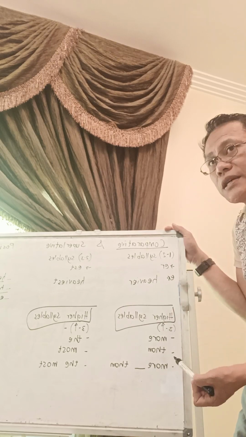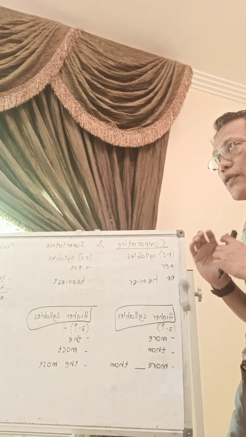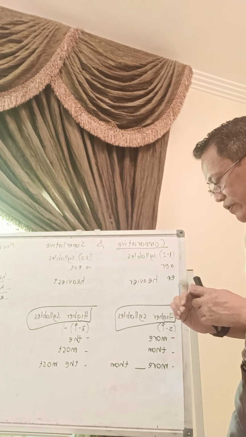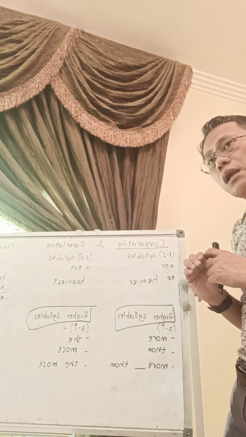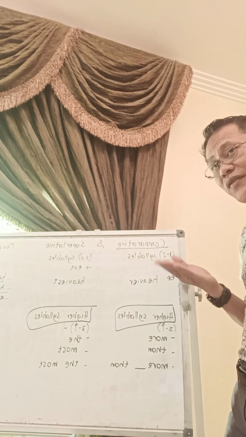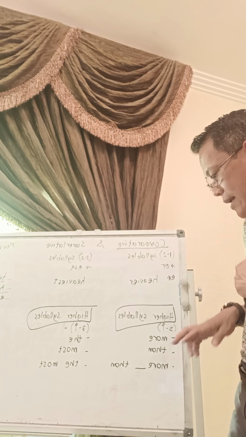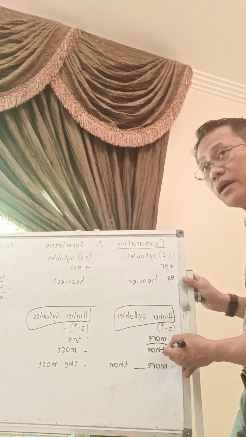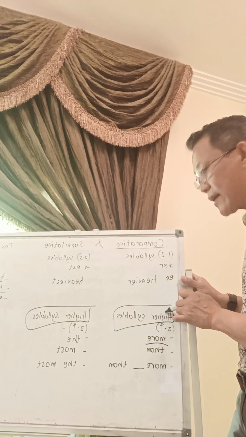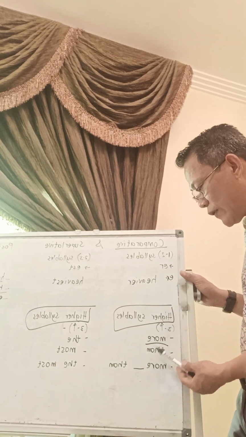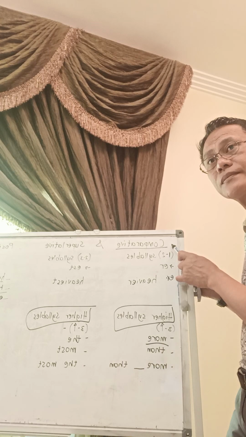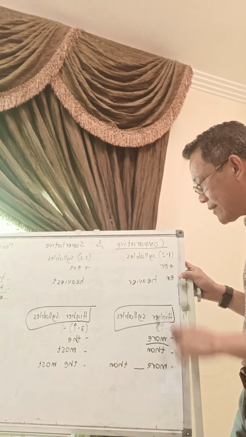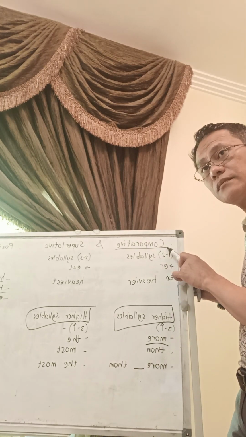In the comparative, if the word has more than 3 syllables, you can use more. That's the technique: if you see more, or if you see than, that's comparative.